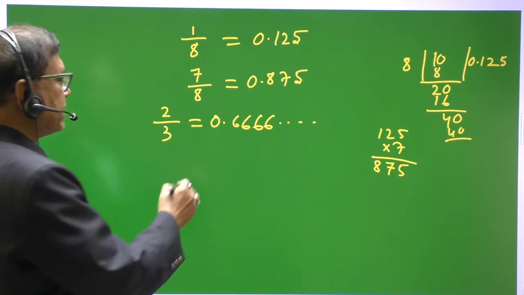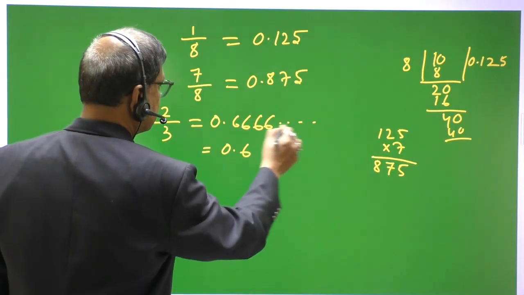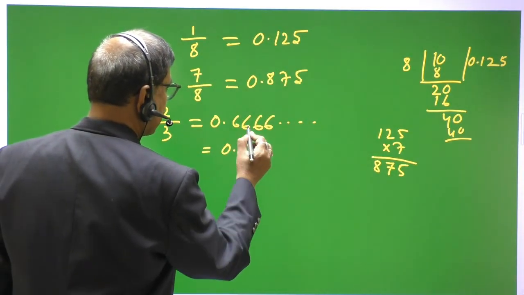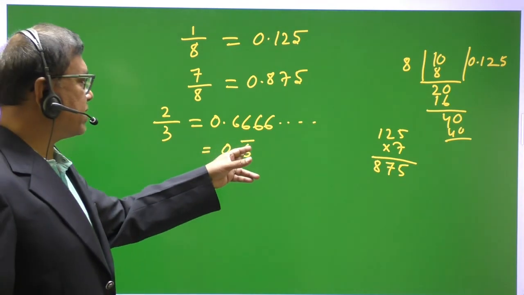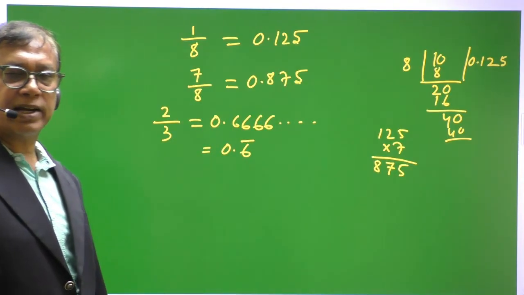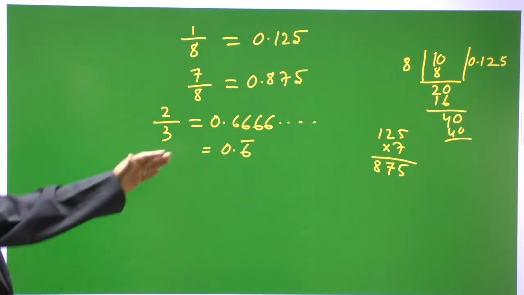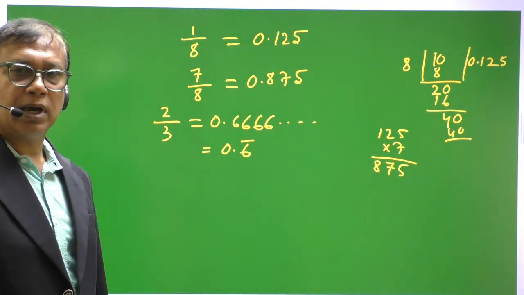So it is called a recurring decimal, and we can express the repeating digit this way: 0.6 bar. See, this bar indicates the digit 6 is repeating infinitely. Clear? So this is called a recurring decimal, and this is a terminating decimal. I think this part is clear.